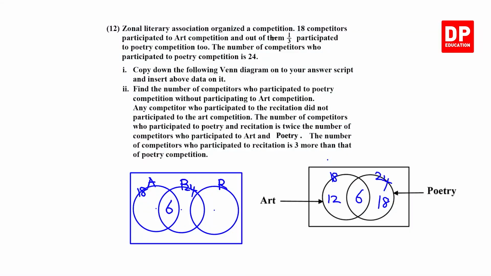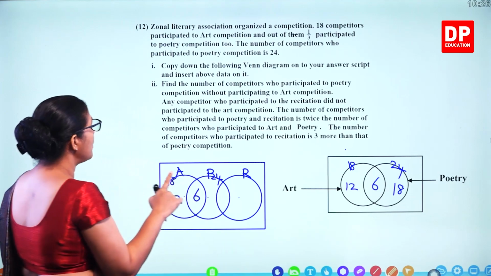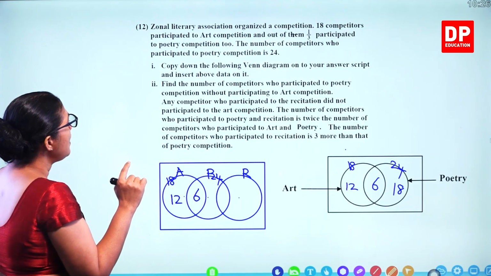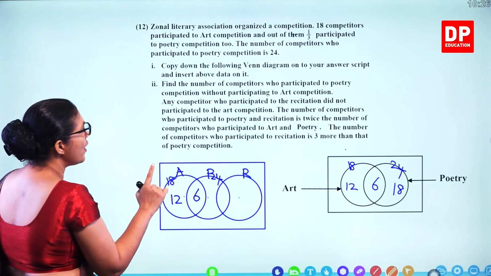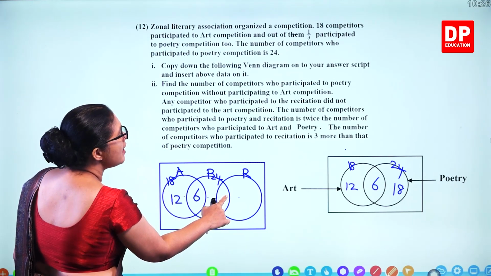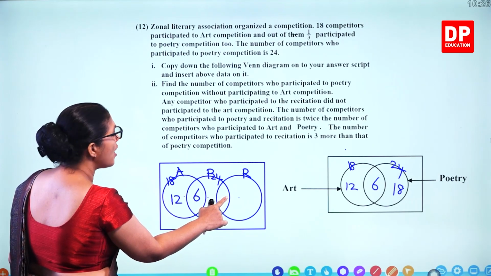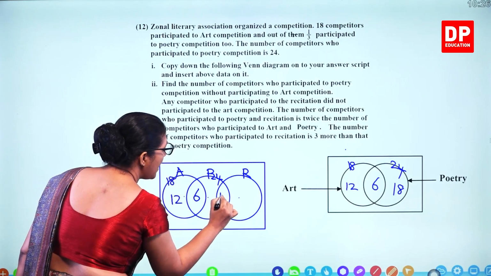And these values are not changing. And here we need to find out the other values. Now read the question again. The number of competitors who participated in poetry and recitation, this one, is twice the number of competitors who participated in art and poetry. Art and poetry 6. So double that, that's 12.